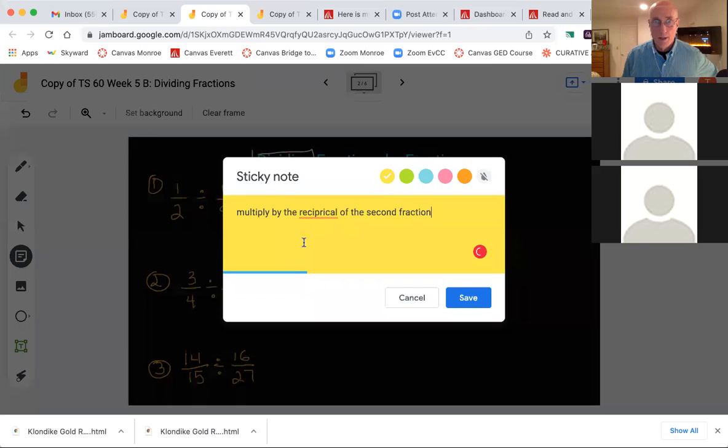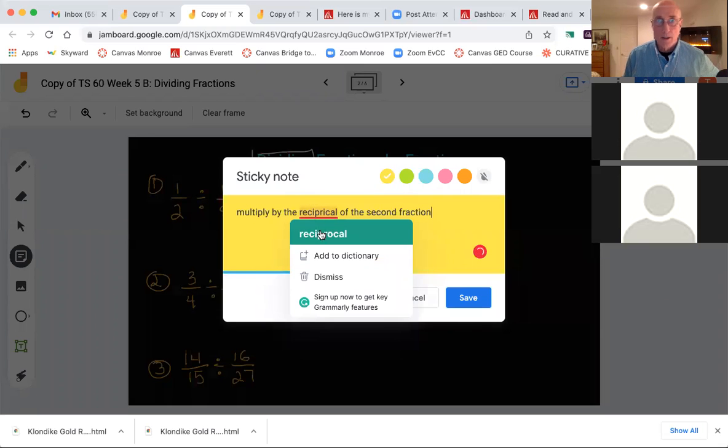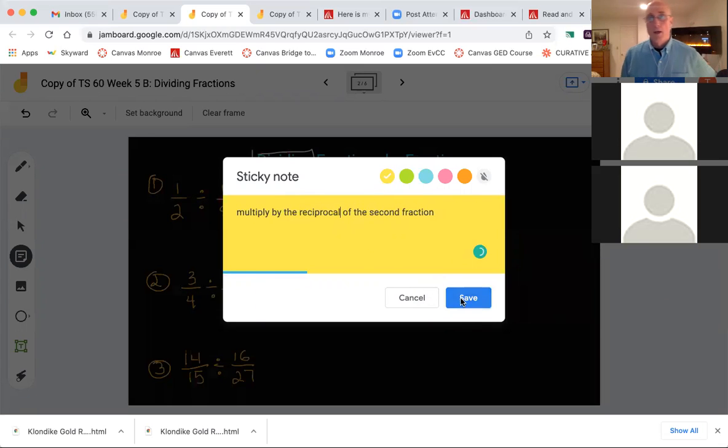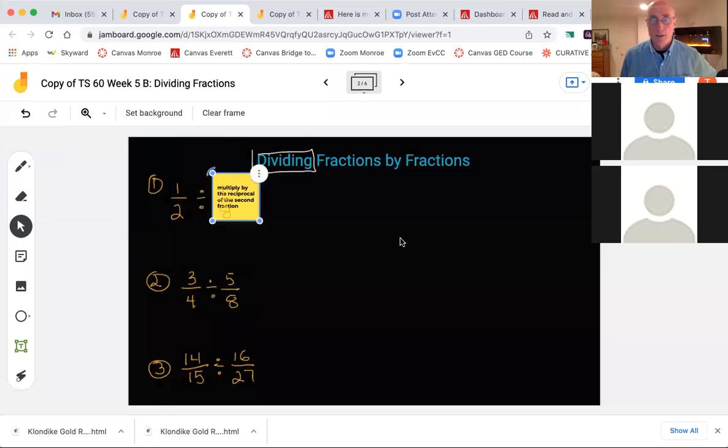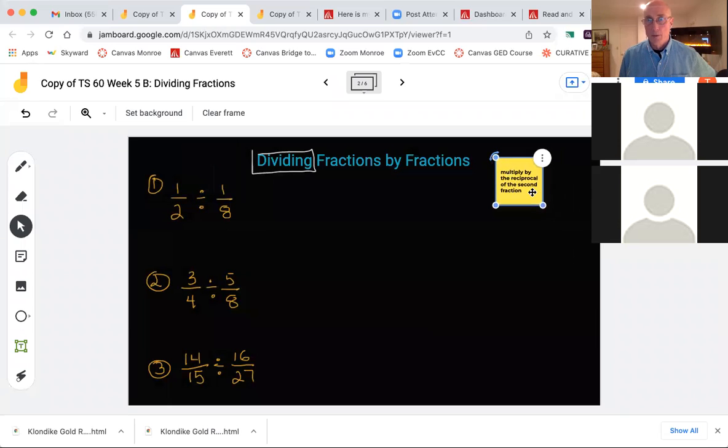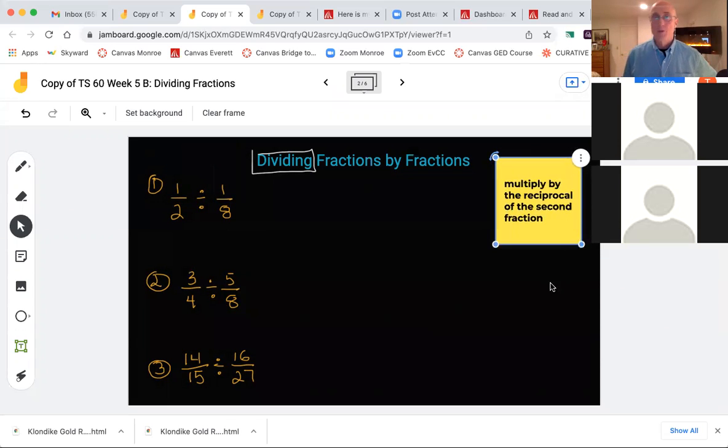That is my rule. Did I spell that wrong? Okay, reciprocal. So I'm going to just add that to my notes there. That's my rule: when we're dividing, we multiply by the reciprocal of that second fraction. So please add that to your notes, that when I'm dividing, multiply by the reverse of the second.